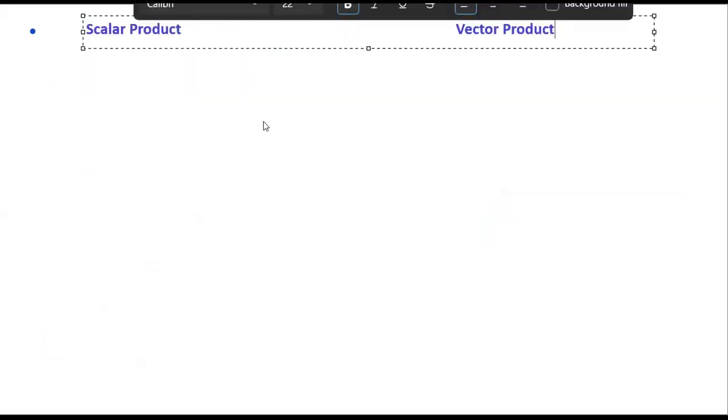Now, we have to consider scalar and vector product.